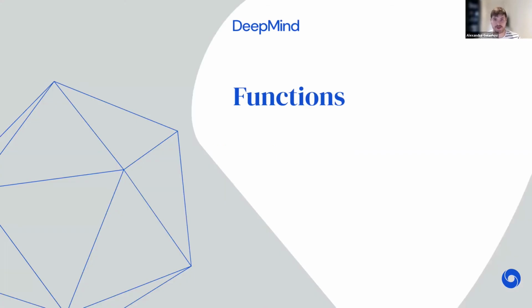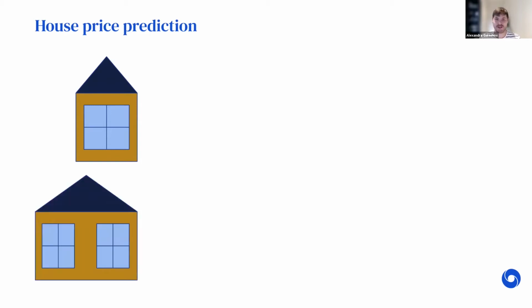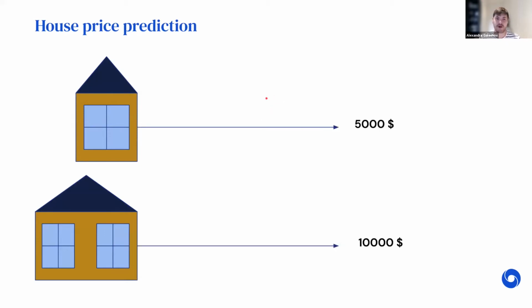Let's start from functions, with an already practical problem. Let's assume that you have a house price prediction problem. You have some houses of different sizes, measured in the surface of the house, how many square meters. Your objective is to predict the price of an associated house.